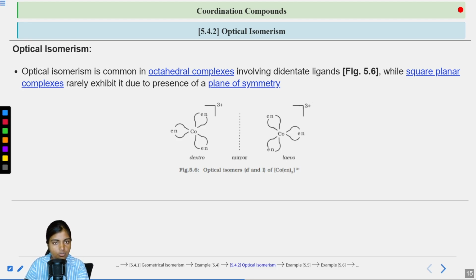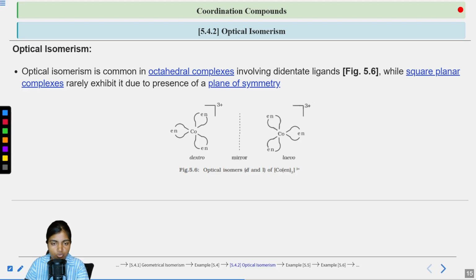So that's why 6 bonds are formed between the central metal ion and the didentate ligands. Okay, now when you form the mirror image of this dextro form by putting a mirror in between, it is going to form something like that.